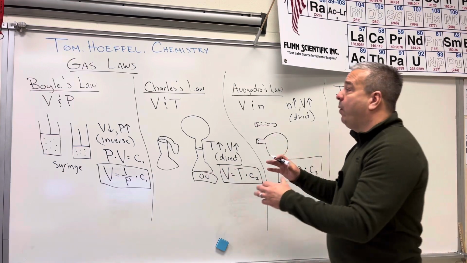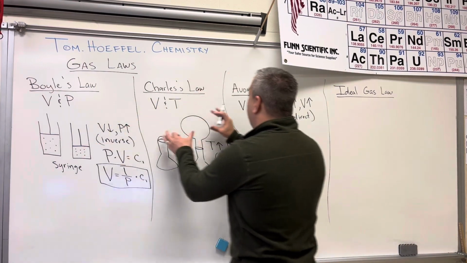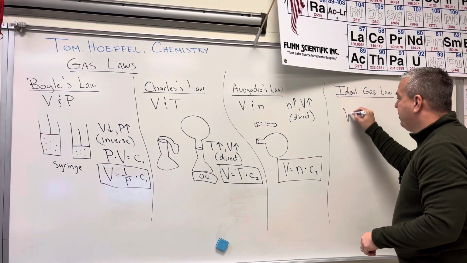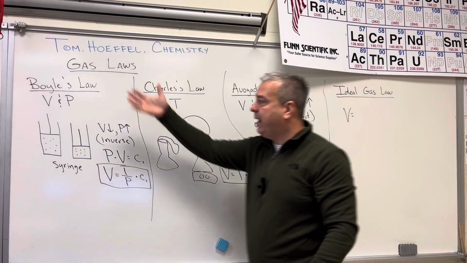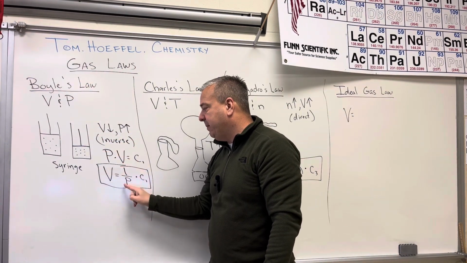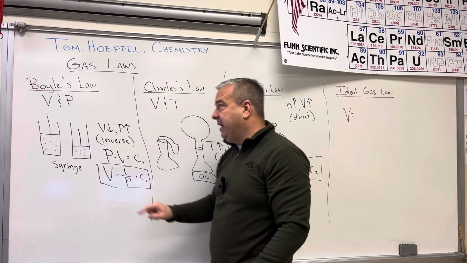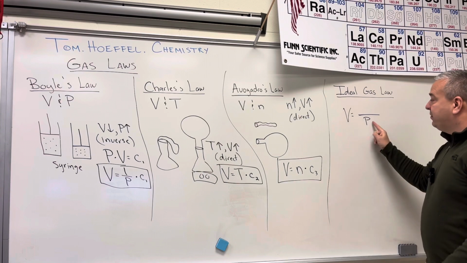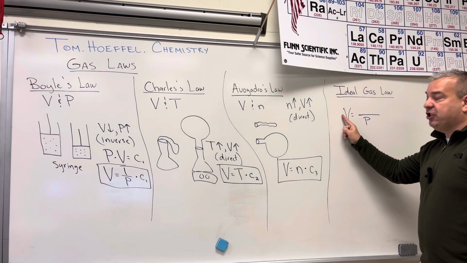Now, what we're going to do is take each of these laws to form the ideal gas law. So volume is going to be equal to what in terms of pressure? Remember, that was an inverse relationship, so pressure is going to be a denominator. As this one goes up, this one should go down.